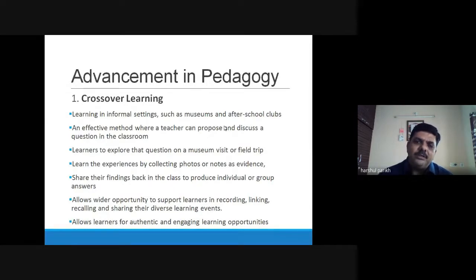But informal learning settings are nothing but visiting different sites like a museum, an open library, that is, the surroundings. Wherever learning is possible, visit those places, which should be appropriate to our branch. For example, suppose we are teaching botany, definitely a botanical garden where learning is in informal settings.